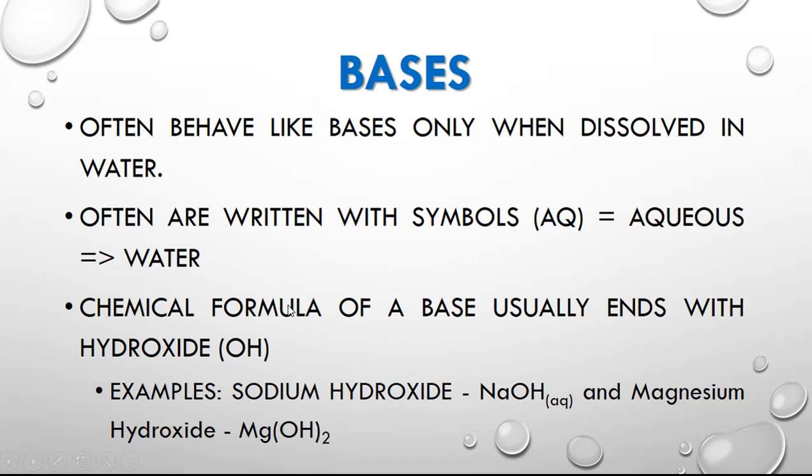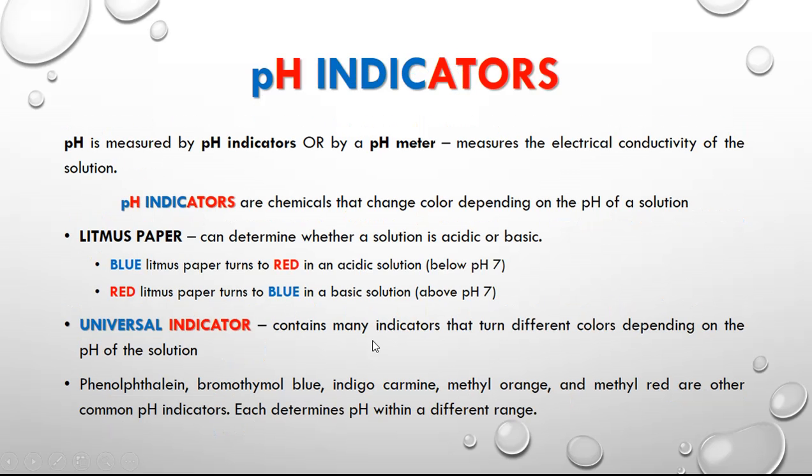So how do we identify a basic or an acidic solution? Well, pH is measured by pH indicators. If you can remember our experiment on different substances, we use the pH of a particular substance to know whether it is a base or an acid. pH is measured by pH indicators or by a pH meter.